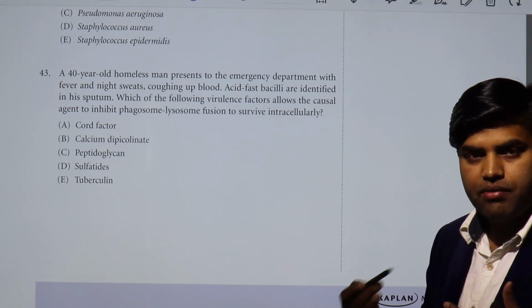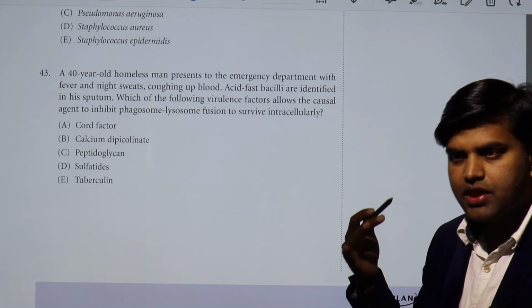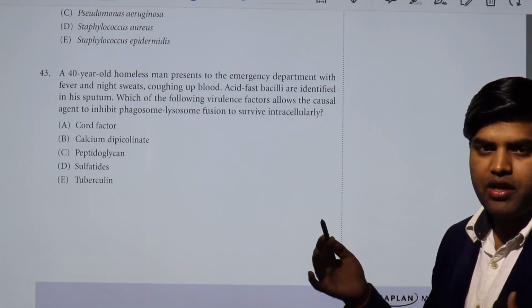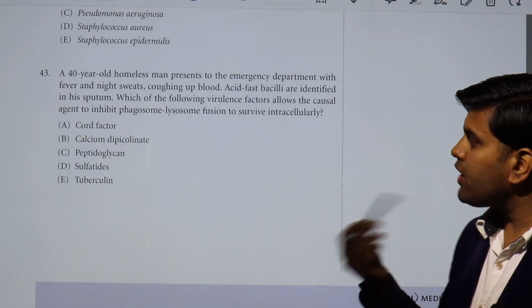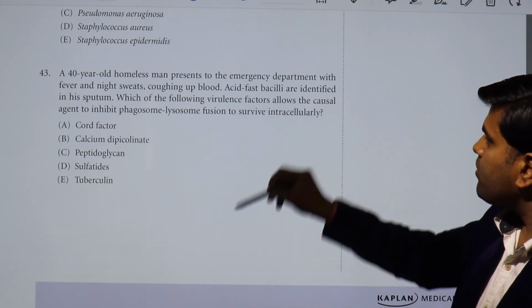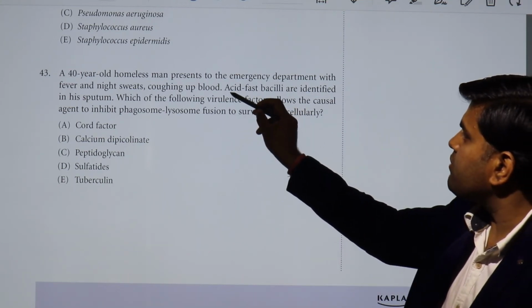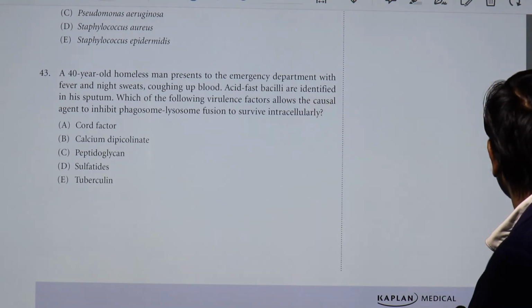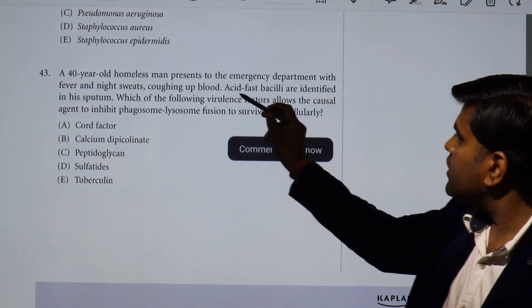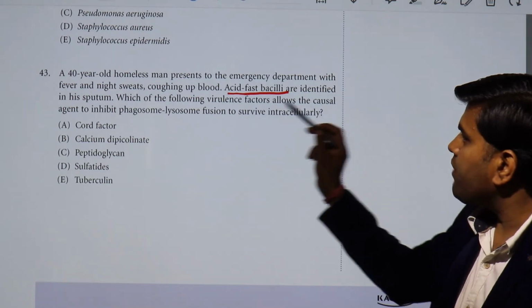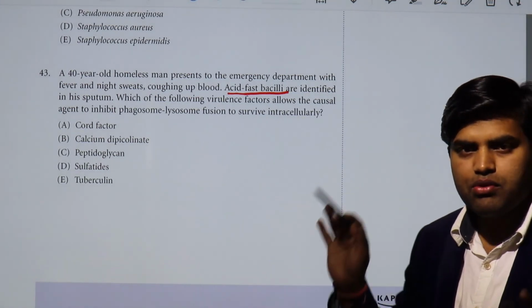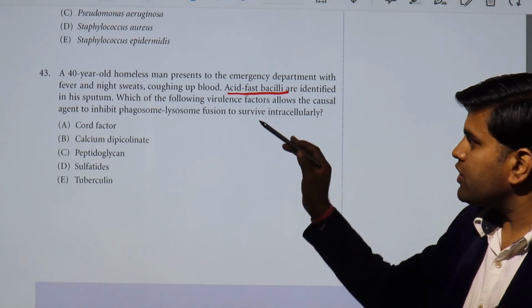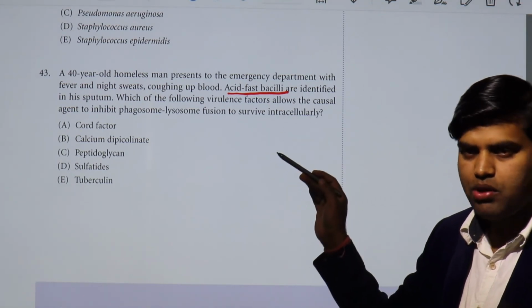Fever, night sweats, and coughing of blood are the characteristic constitutional symptoms of tuberculosis. They have narrowed it down further with acid-fast bacilli, which is the characteristic feature of tuberculosis, identified in the sputum. So you are clear with the scenario: this is a tuberculosis patient, a middle-aged homeless man.